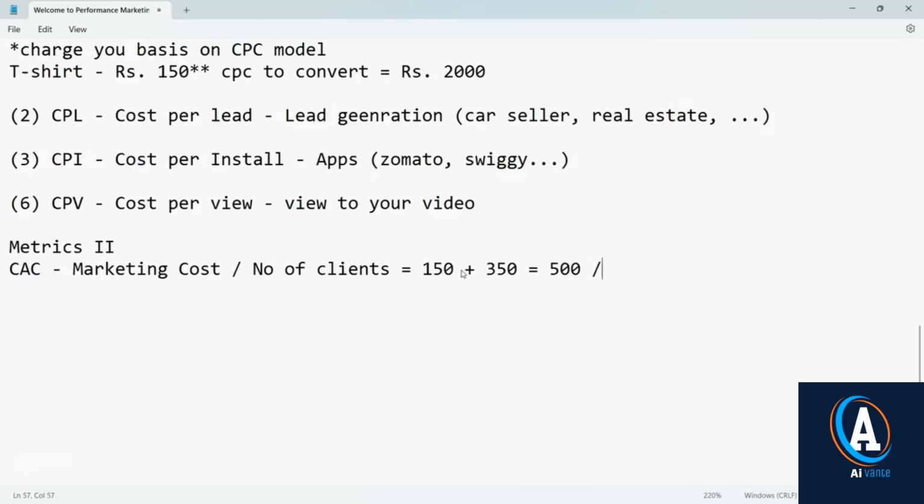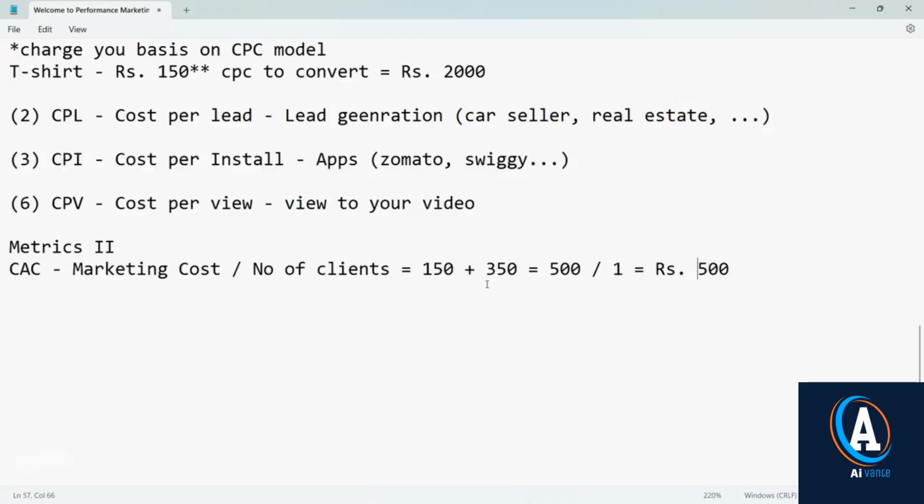And how many have I been able to convert out of this number of customers that I've got is, say, let's say 1. So my CAC is basically nothing but 500 rupees. Cost per acquiring a client in this space would definitely be about 500 rupees for me. This is what CAC basically means.